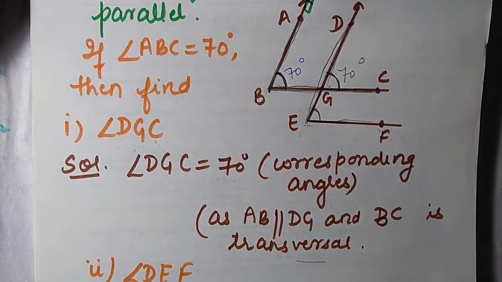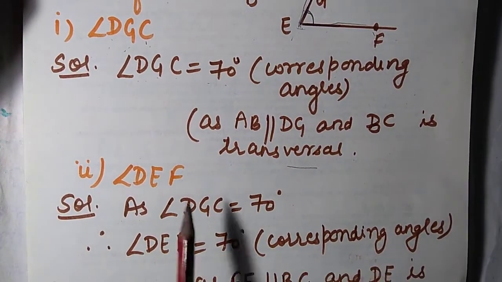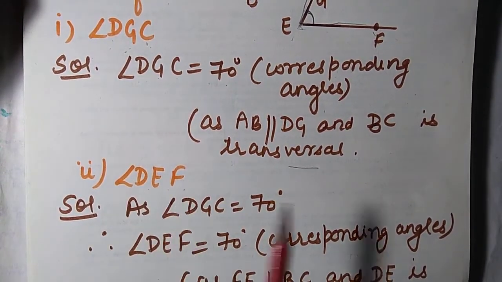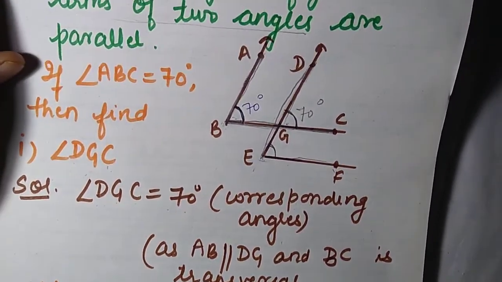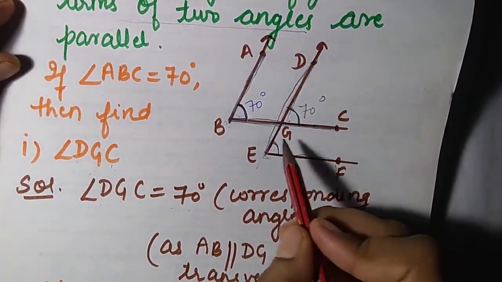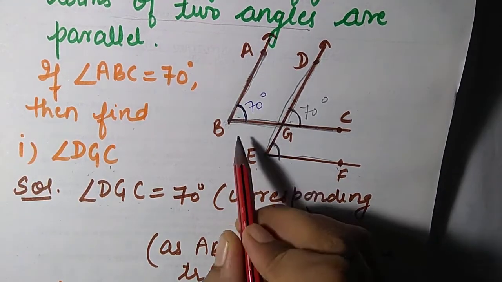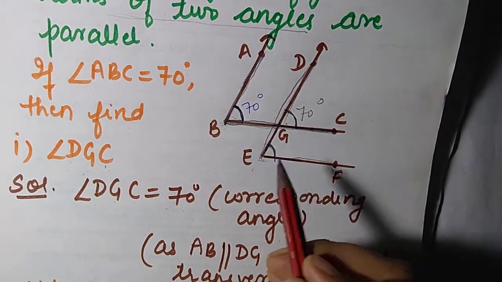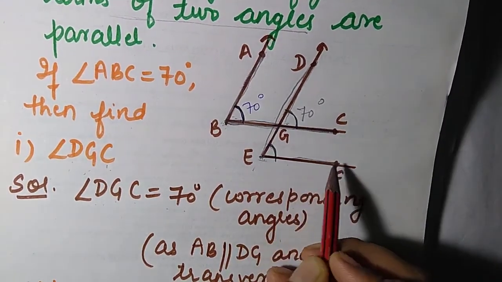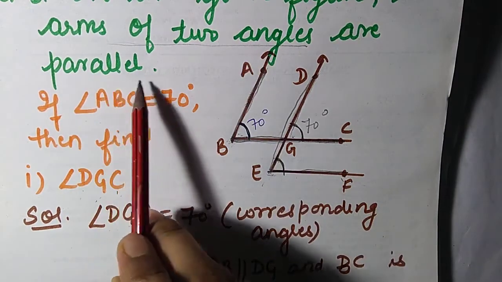Now come to the second part. In the second part we have to find DEF. Where is DEF? It means we have to find this angle. Now it is given that BC is parallel to EF, because in the question it is given that the arms of two angles are parallel.